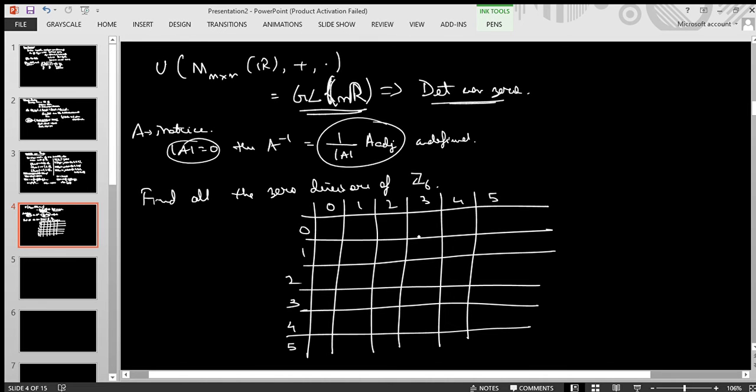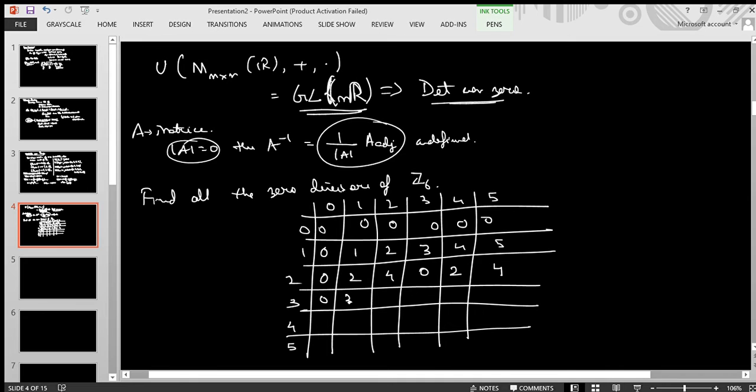Now you can easily form this. The row of 0 will completely be 0. The row of 1 will be 0, 1, 2, 3, 4, 5. The row of 2 is 0, 2, 4, then 3 times 2 is 6, which becomes 0, 4 times 2 is 8, which becomes 2, and 5 times 2 is 10, which becomes 4.